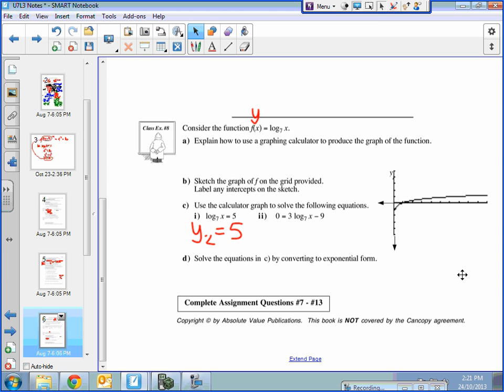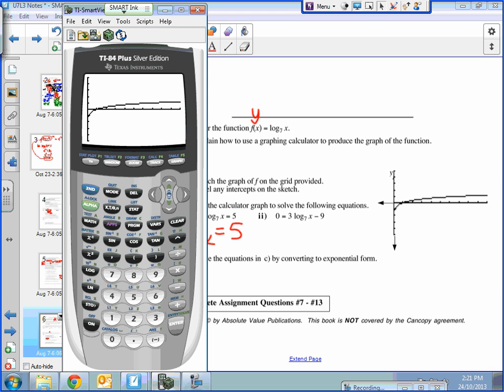I'm going to tell you right now that you probably are going to have to change your windows to have a larger x value. So y2, 5, graph, you're going to see them both, but you're not going to see the intersect. You have to make your x max a lot bigger. So like 500. This is kind of where you have to guess and test, or you can go zoom.